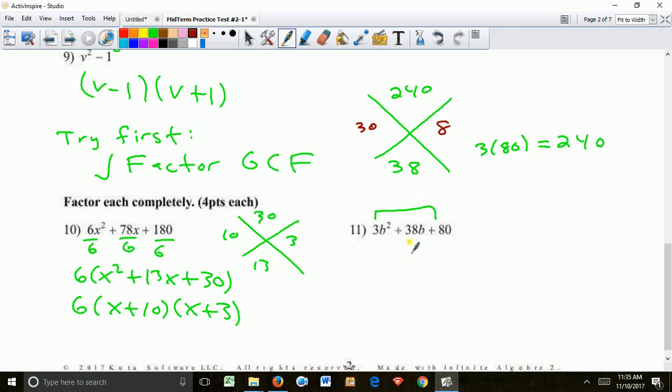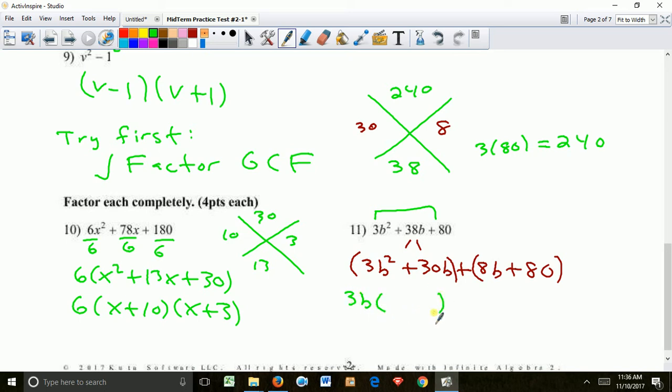So rewriting this expression, you're going to get 3b squared plus 30b plus 8b plus 80. You then want to go through and group factor. So group the first two, and then group the last two. The greatest common factor of 3b squared plus 30b, factor out 3b.